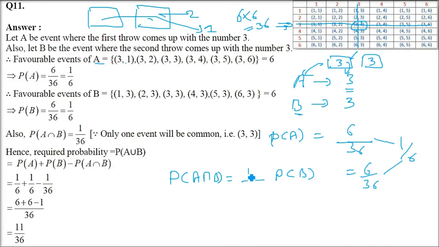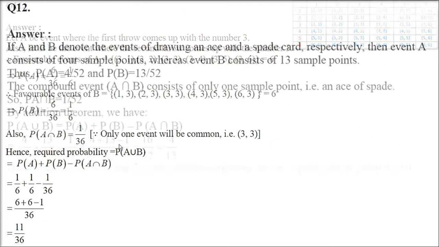Only 1 is the favorable case. The total number of cases is 36, so 1 by 36. So 1 by 6, 1 by 6 and this is 1 by 36. So this is 11 by 36. So A or B, first coming 3 or second coming 3, is 11 by 36.